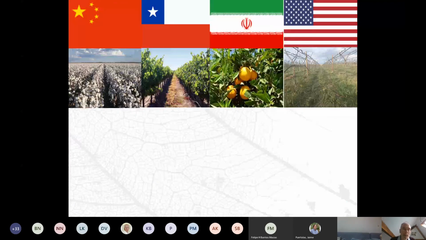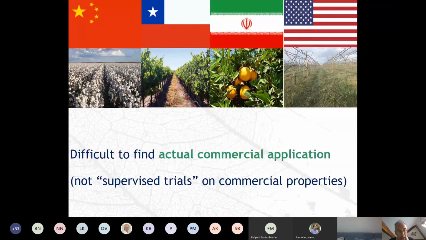If you look at this snapshot of crops and parts of the world where it's being applied, you will see that there's a lot of blank space on this slide, and that I've really struggled to find actual commercial application of partial root zone drying, as distinct from what I would call supervised trials, where researchers talk to a grower, conduct research under commercial conditions for the duration of a funding cycle, and then report the work in the academic literature, and then lose contact with the individual grower, and there's no follow-up, and they cannot be certain that the grower has continued to apply the technique after the duration of the funding cycle.